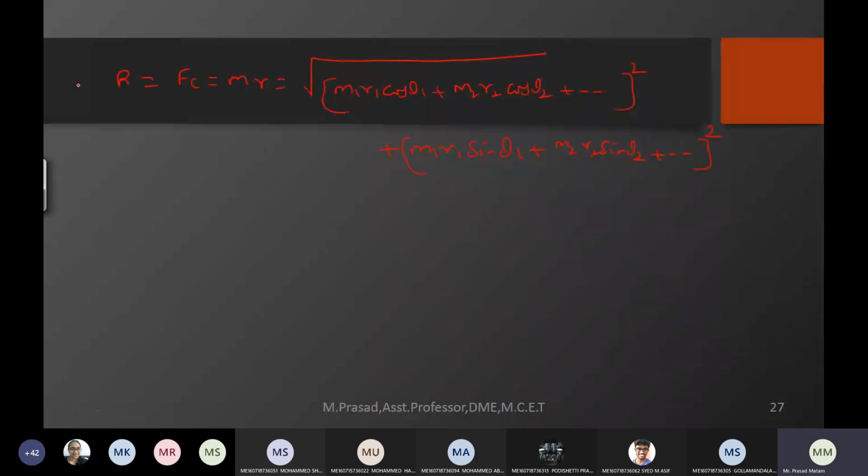This is how I get my resultant force, which is equal to Fc, which is equal to m into r. Okay, I get the balancing mass and the radius.